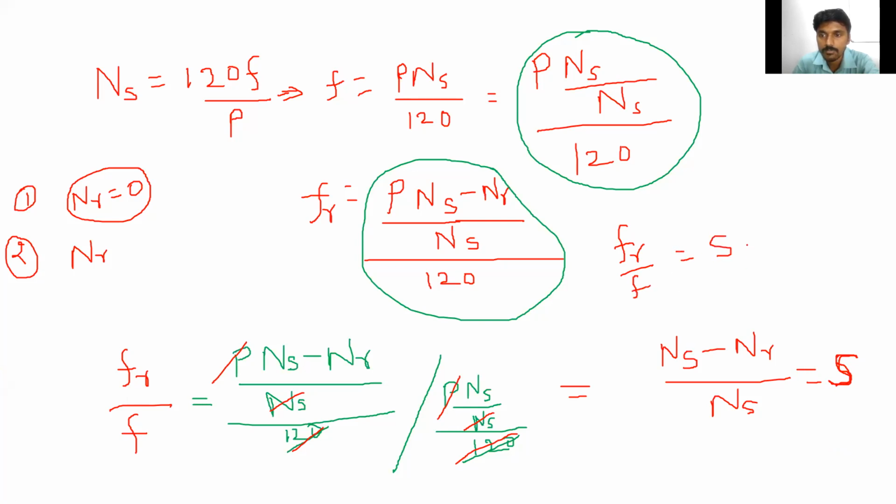So fr is equal to s into f. This is the relation between the rotor frequency and stator frequency. fr is equal to slip times the stator frequency. Clear?